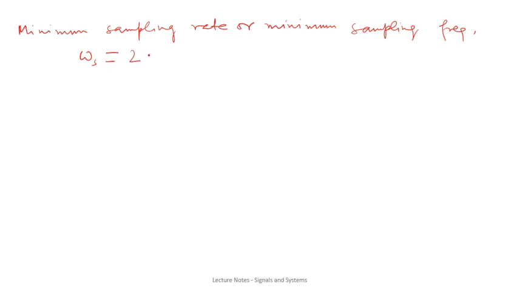the minimum sampling rate, or minimum sampling frequency, will be equal to omega s equal to twice omega h, or fs should be equal to twice fh.